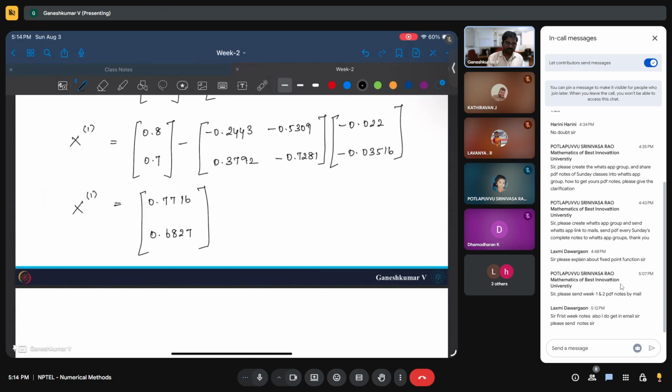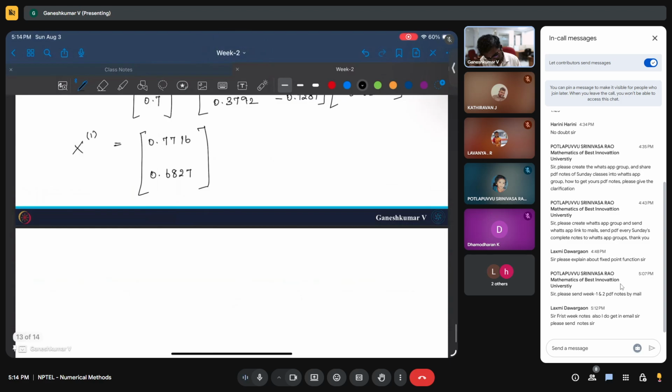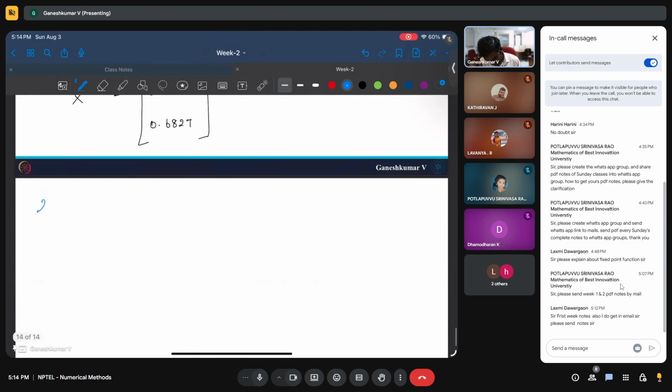And in fact, you can continue this. Once you find the first iteration, you again find, so what we will do, let me just write it down. For the second iteration, first find the Jacobian matrix J of x1.